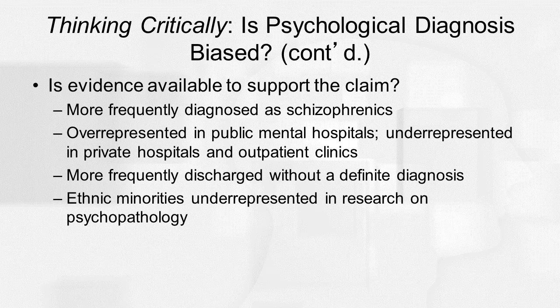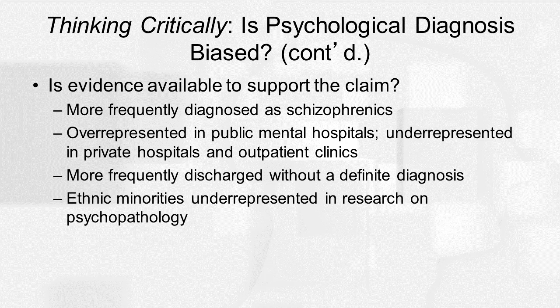Well, there seems to be some evidence to support this claim. We see that more African Americans are diagnosed as schizophrenics. We see that African Americans are overrepresented in public mental health hospitals, and they're underrepresented in private hospitals and outpatient clinics. We see that African Americans are more frequently discharged without a definitive diagnosis.